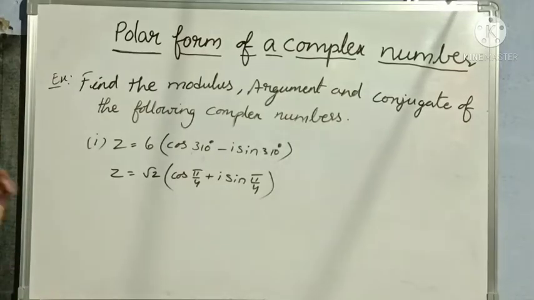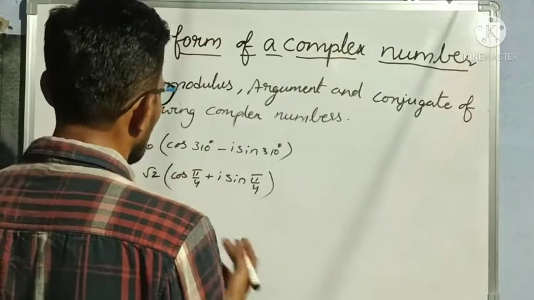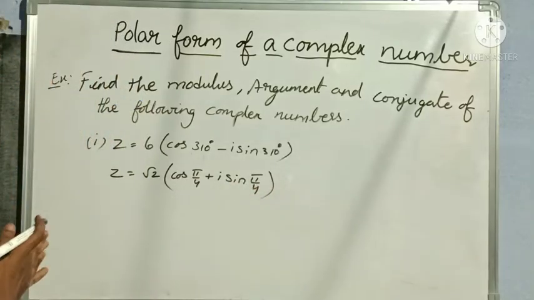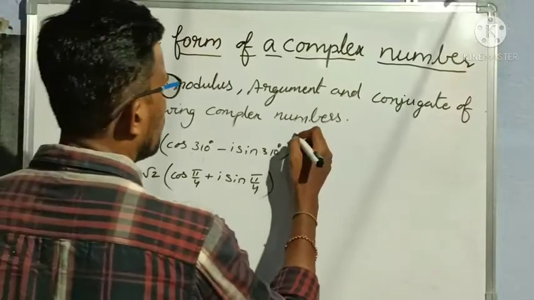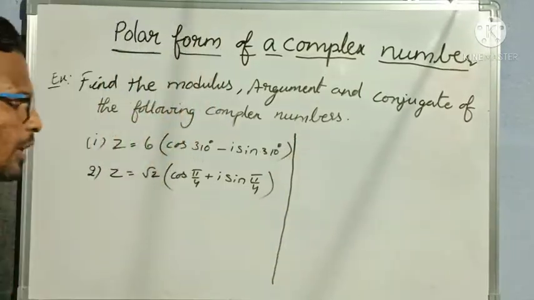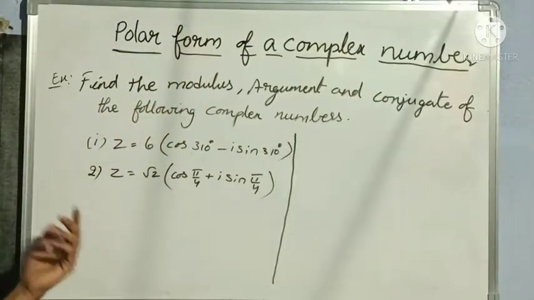Okay, shall I write pi by 4 in terms of theta? So no need, I hope everyone can understand pi by 4. Okay, afterwards I will explain. So let us find out argument and modulus and conjugate of these two complex numbers.